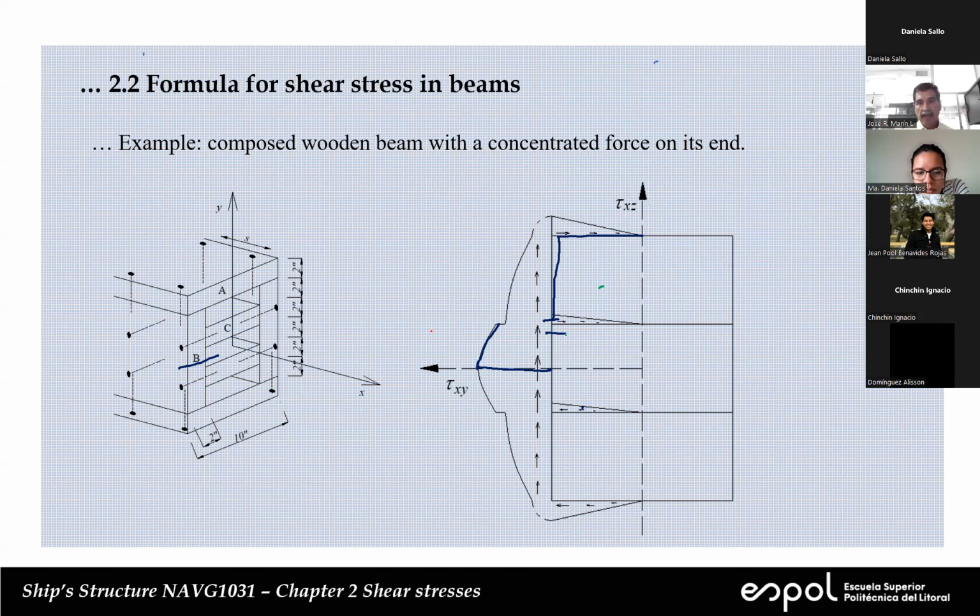You make a cut here, you have to include this area, this area. Okay, so the value that you see here is the value when we make this cut. So we have to consider the intermediate flange, the upper flange and the piece of the web. If we make the other cut, let me change color.